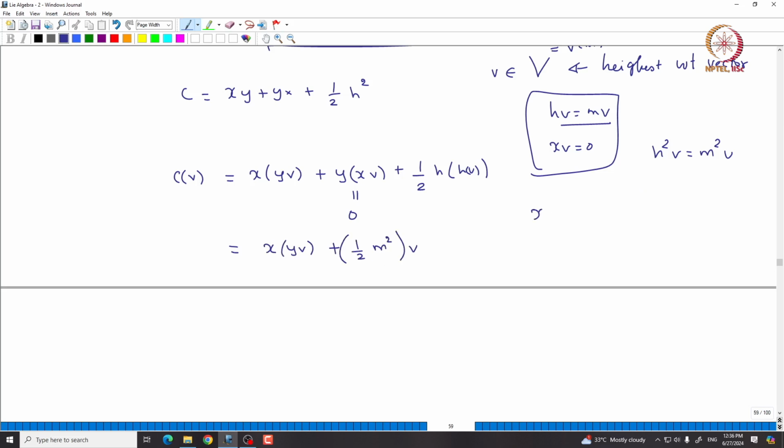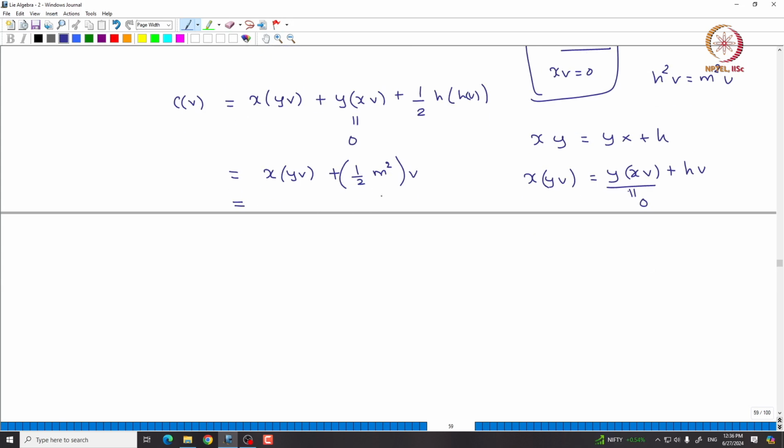Now, note that xy is yx plus h. So, xyv is going to be yxv plus hv. Now yxv is 0, so xyv is nothing but mv. So, then we get m squared by 2 plus m times v. So, Cv is acting as the scalar m squared by 2 plus m on this vector v.